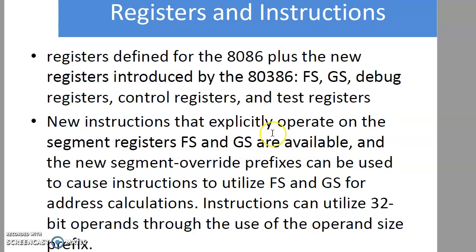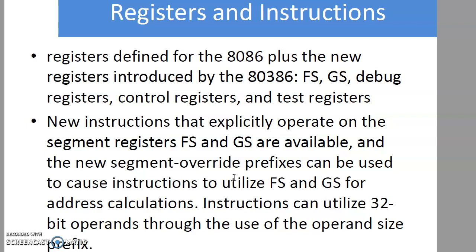New instructions that explicitly operate on the segment registers FS and GS are available, and the new segment override prefixes can be used to cause instructions to utilize FS and GS for address calculations.